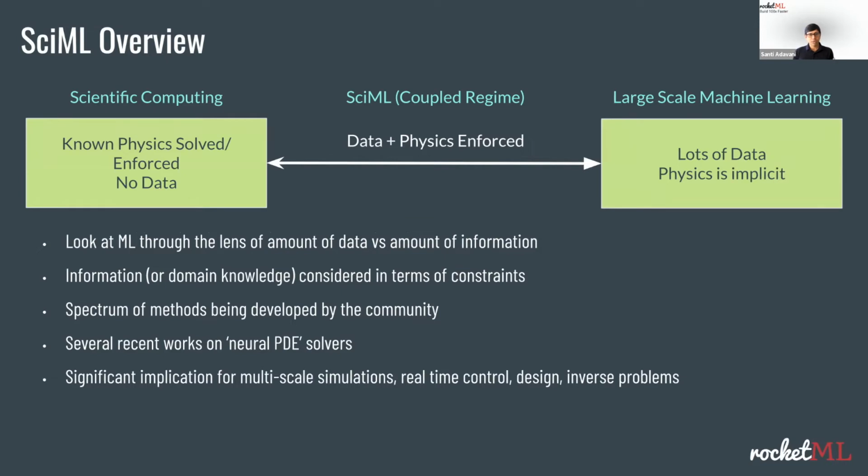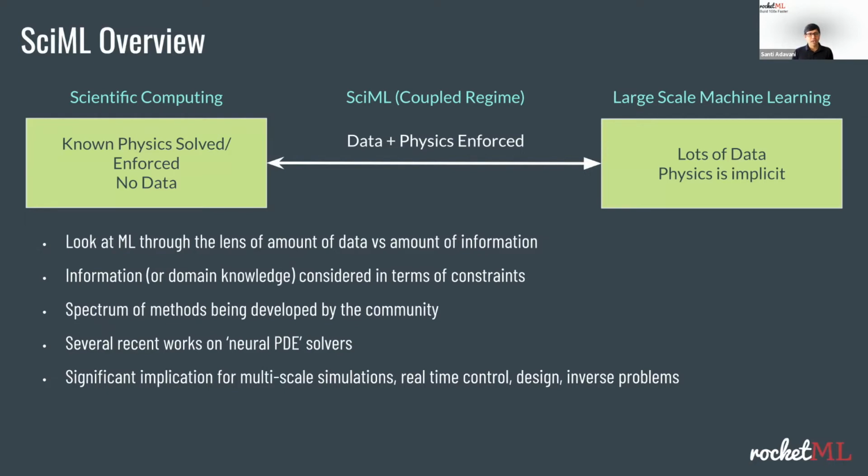And you solve those problems using traditional methods, like finite elements, finite differences, and so on. When you're solving these problems using traditional methods, you're not using any data. The data here would most likely be geometry, etc.